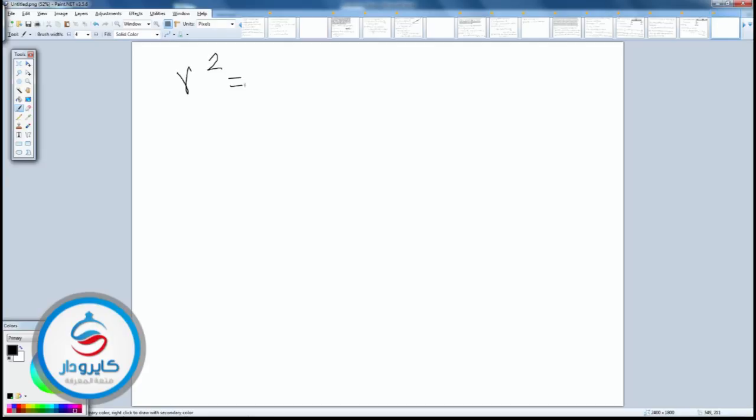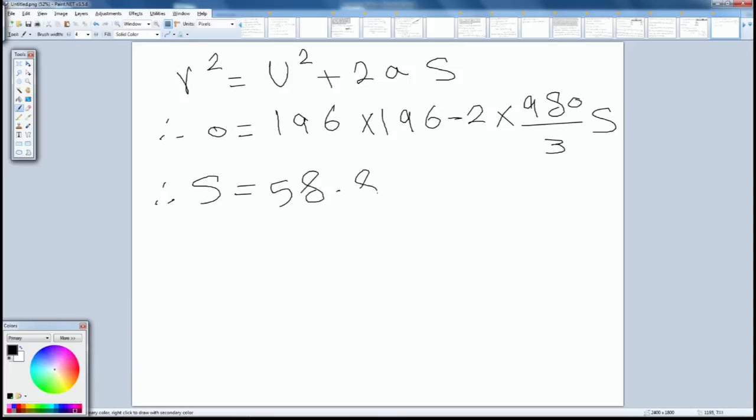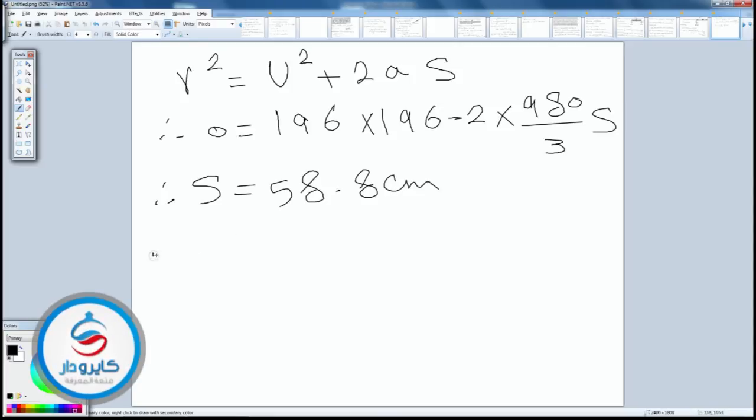V squared equals U squared plus 2A dash S. Therefore, 0 equals 196 times 196 minus 2 times 980 over 3 times S. Therefore, S equals 58.8 centimeters. It means that the body A reaches the pulley near B, and then it will be about to rest.